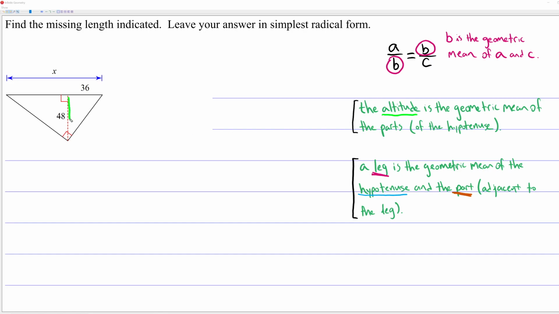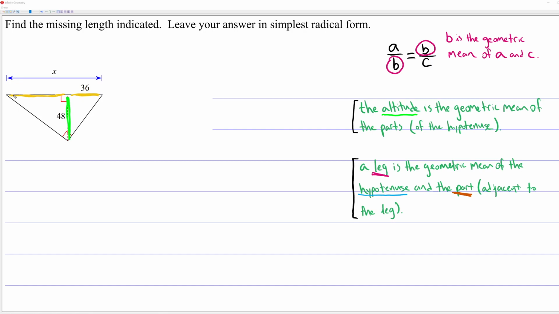The altitude is labeled with a 48. The altitude is the geometric mean of the two parts of the hypotenuse. Well, for the hypotenuse, its two parts: one of them is labeled with this 36, and the other one does not have a label.